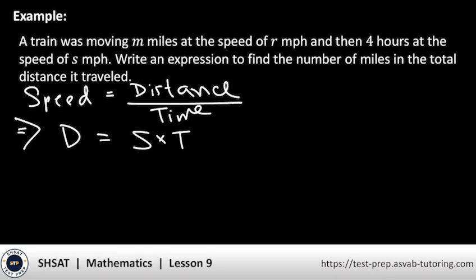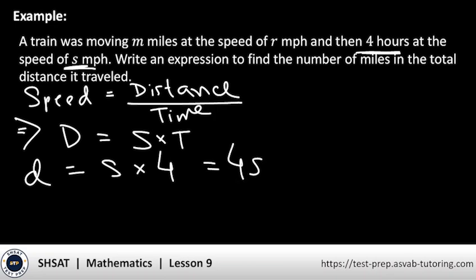Okay. So in the first instance, moving M miles at the speed of R miles per hour, then 4 hours at the speed of S. So 4 hours at the speed of how much? S miles per hour. If we want to know the distance, we can say S times 4, that is 4S.